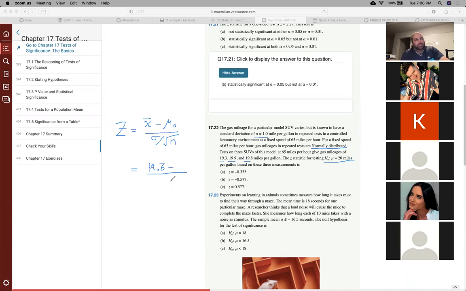What is the assumed mean under the null hypothesis going to be? Is it 20? It's straight up 20. They told me that, right? That's what we're testing. The null hypothesis is mu is 20. And then we divide by the original sigma over the square root of n. What is the original sigma?